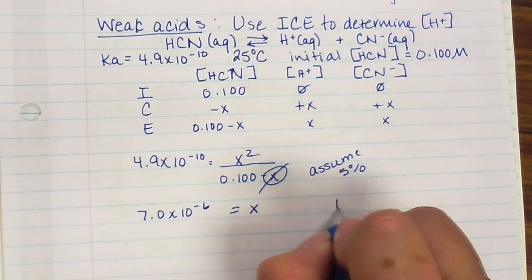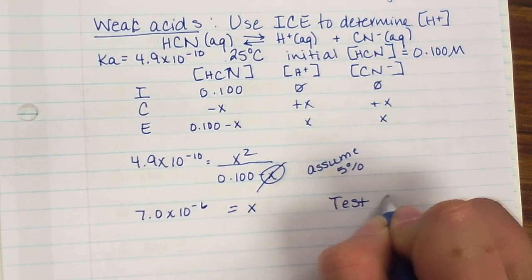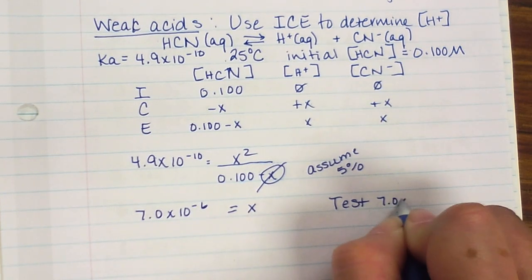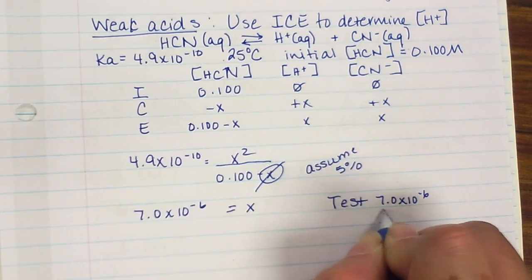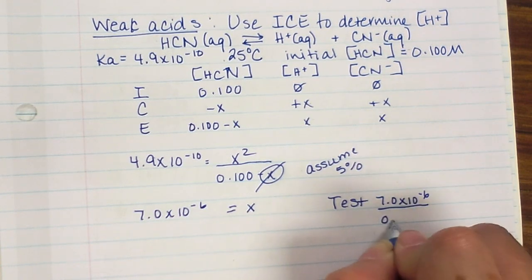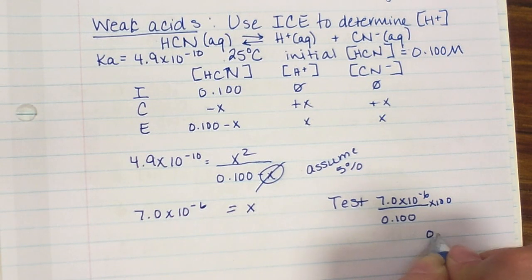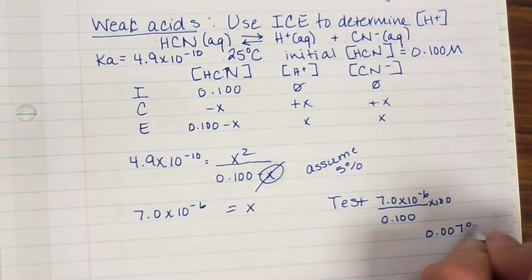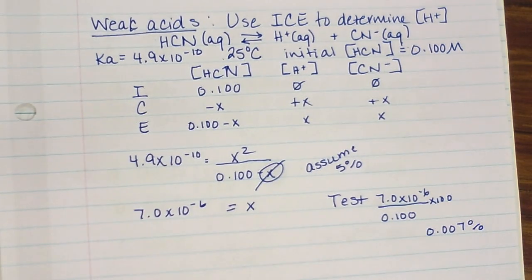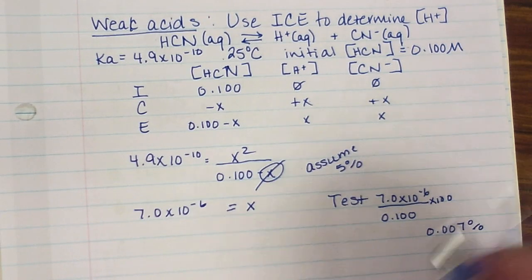Now I'm going to test 7.0 times 10 to the minus 6 divided by 0.100 times 100, and I get 0.007%. I don't have anything to worry about. So pass. So good, right?